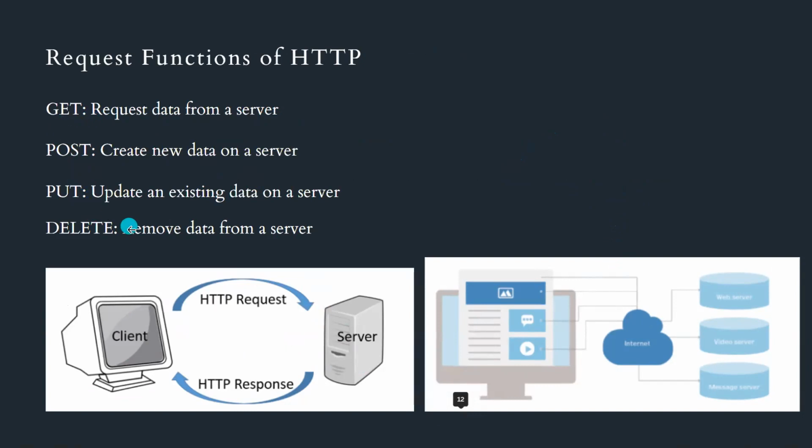There are 4 basic commands, known as the request functions of HTTP. The GET request is used to request data from a server, the POST function is used to create new data on a server, the PUT function is used to update existing data on a server, and the DELETE function is used to remove data from a server. These are the basic commands that we use when using the HTTP protocol to access data from the web.